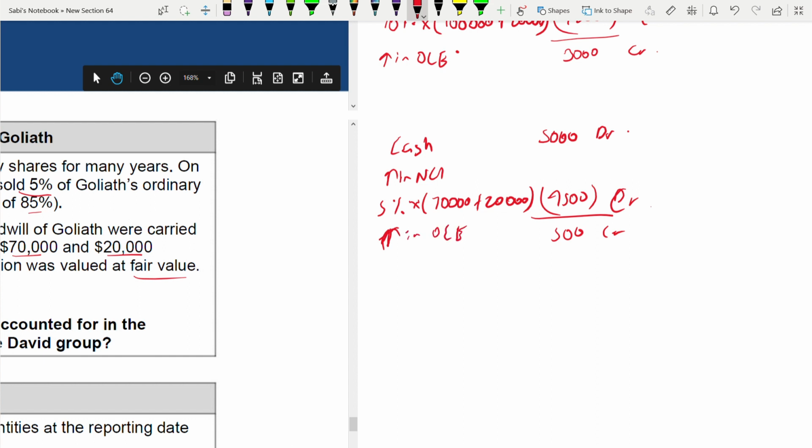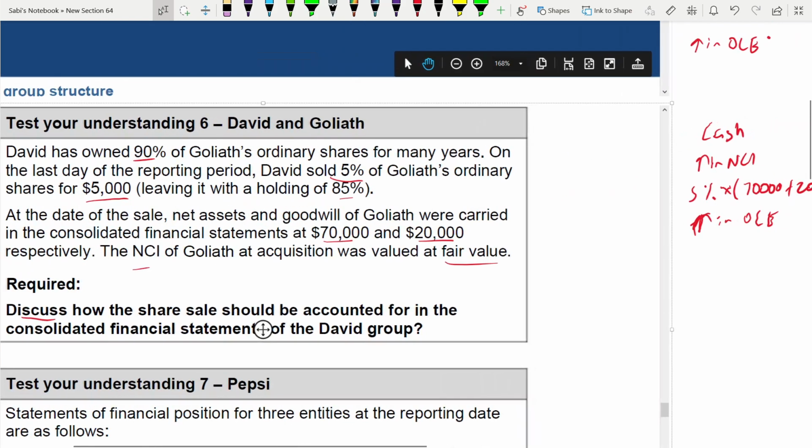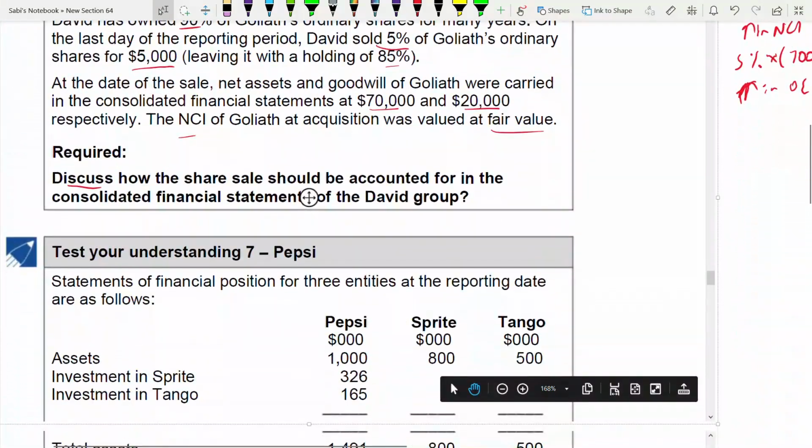Whenever it's a positive balance for disposal, remember it's a credit. And for a purchase, an acquisition, a negative balance is a credit. You need to understand this very carefully. So this is what you are going to explain, similar to illustration 5.